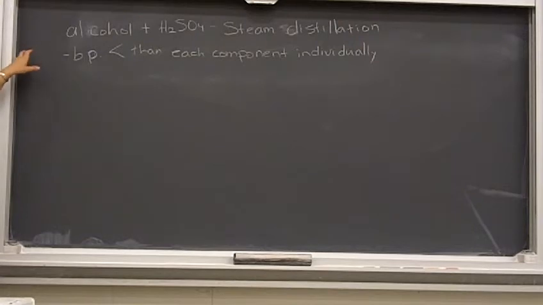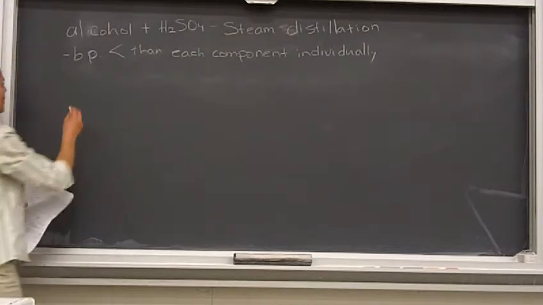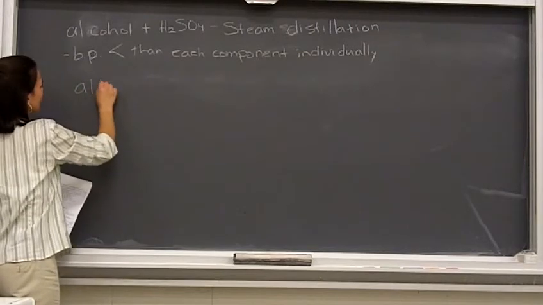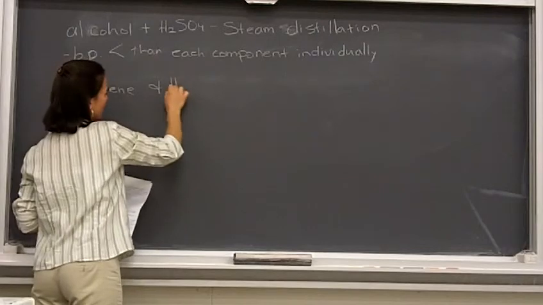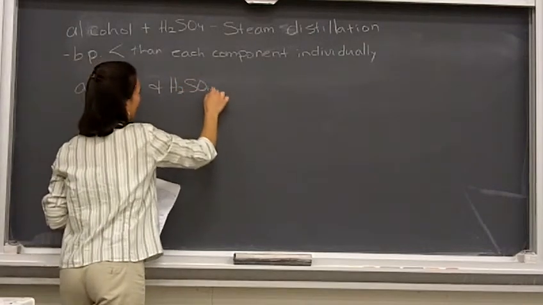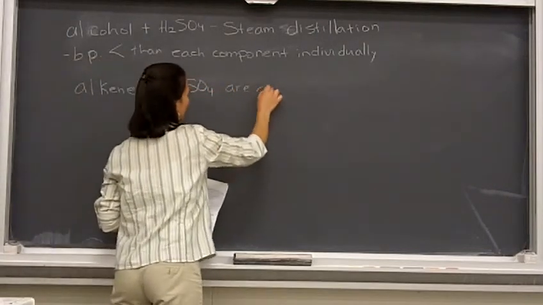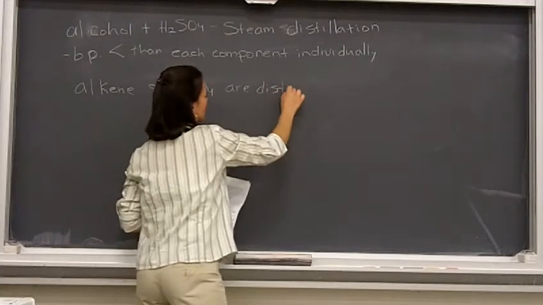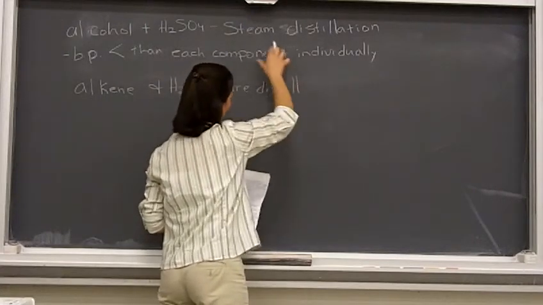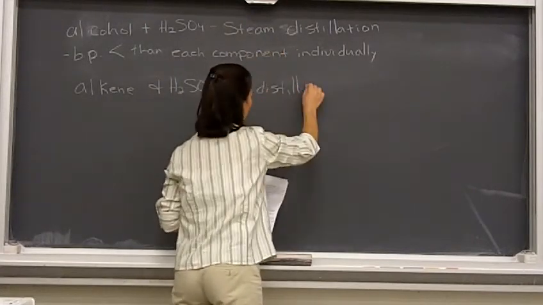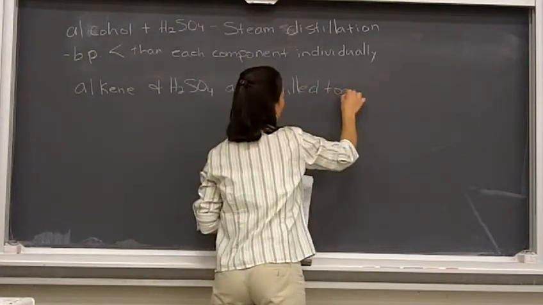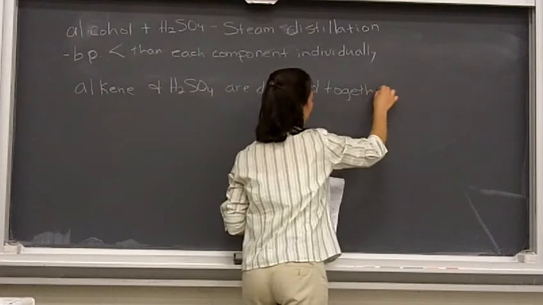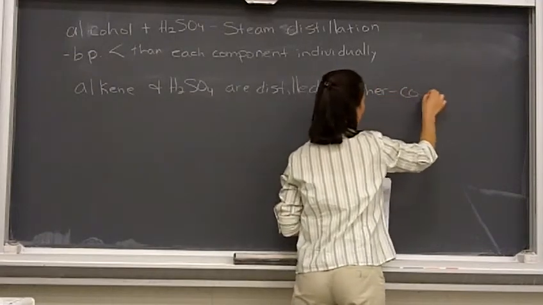So when we're talking about what's actually being distilled, it's your alkene that's being distilled, okay? So the alkene and still the sulfuric acid are distilled together, okay? And so that co-distillation with this aqueous portion is what makes it a steam distillation. So they're distilled together, or you could say that they're co-distilled.